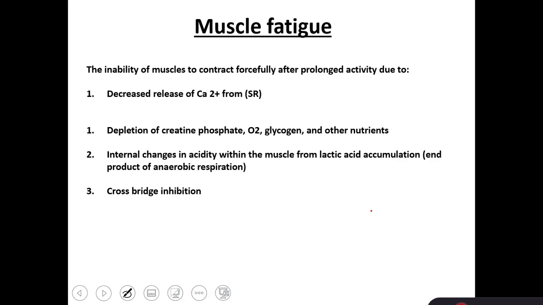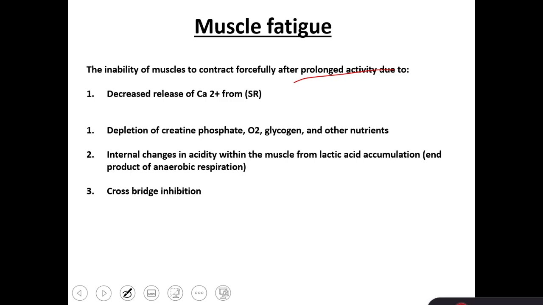Muscle fatigue is the inability of muscles to contract forcibly after prolonged activity. So if you do exercise for a long time until you run out of oxygen and then you shift again to the anaerobic glycolysis, at the end, your muscles will fail to produce more movement. Why is that?